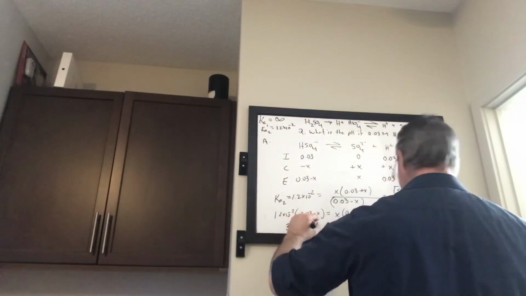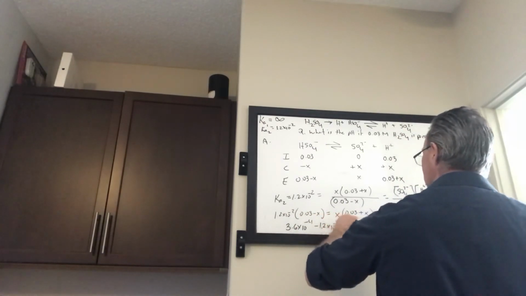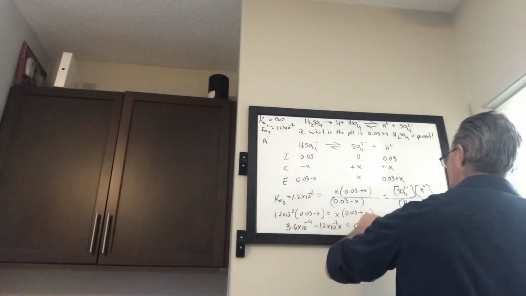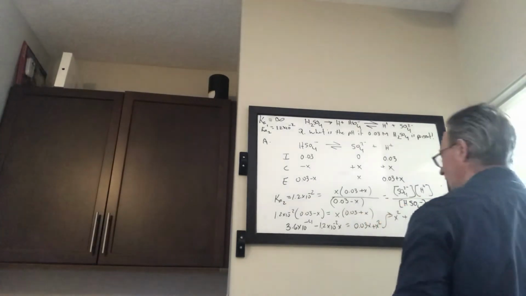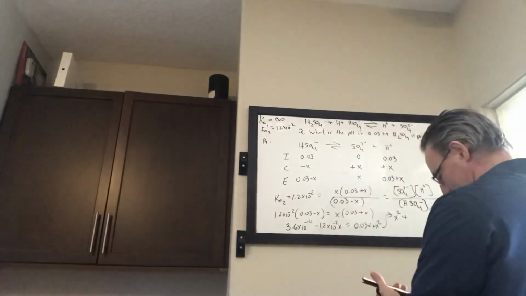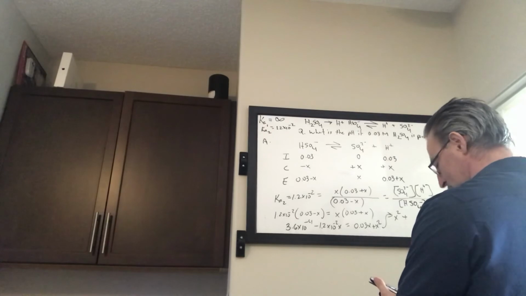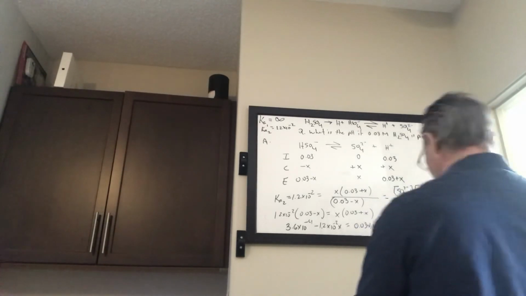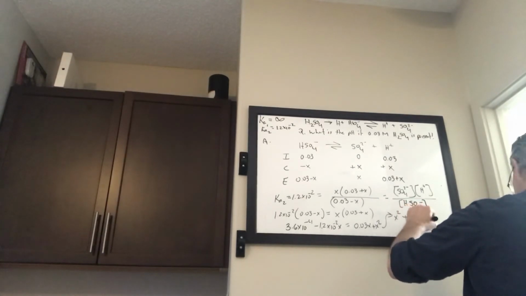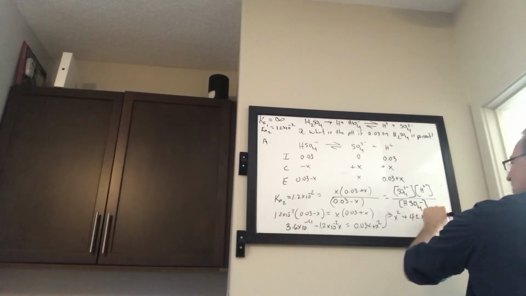So 3.6 times 10 to the negative 4 minus 1.2 times 10 to the negative 2 x is equal to 0.03x plus x squared. That simplifies to x squared plus 0.03 plus 1.2 times 10 to the negative 2, which gives you 4.2 times 10 to the negative 2 x. And the constant gets transposed, so it becomes negative 3.6 times 10 to the negative 4.